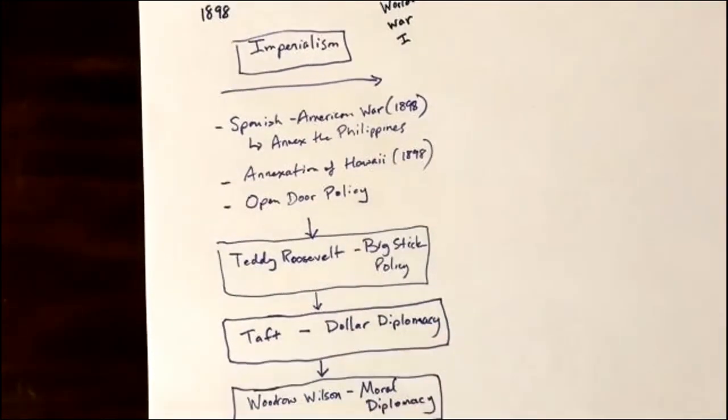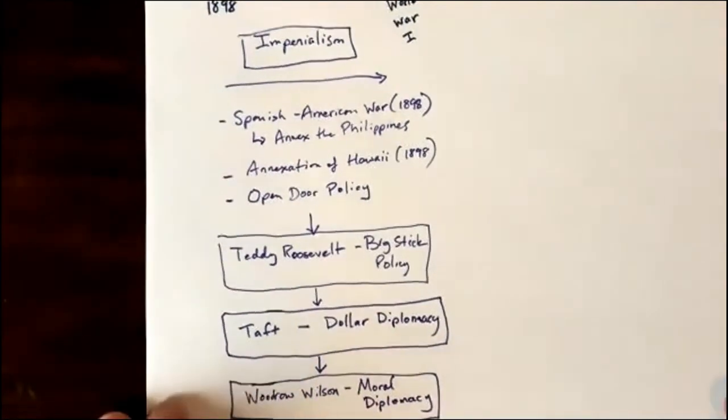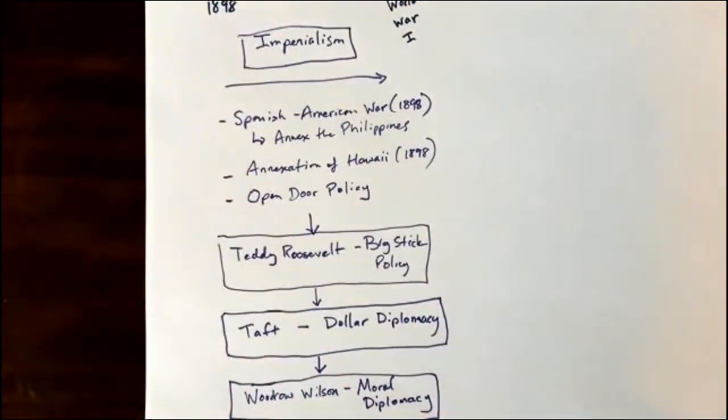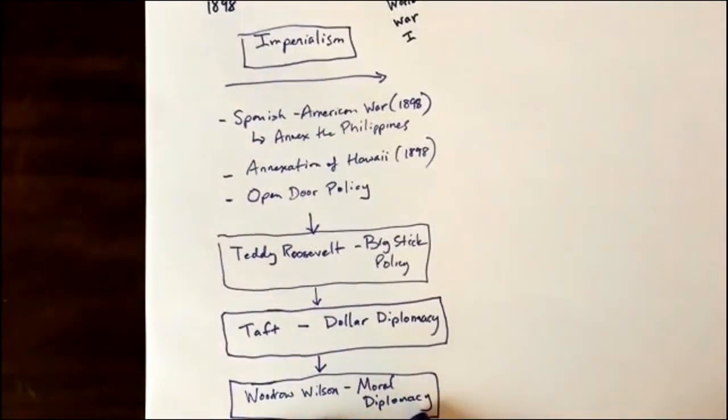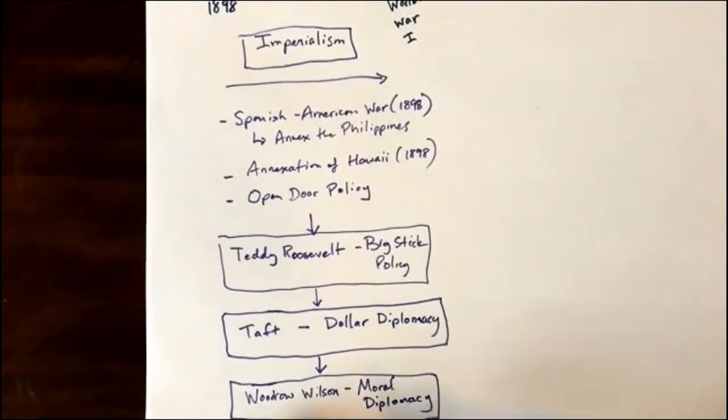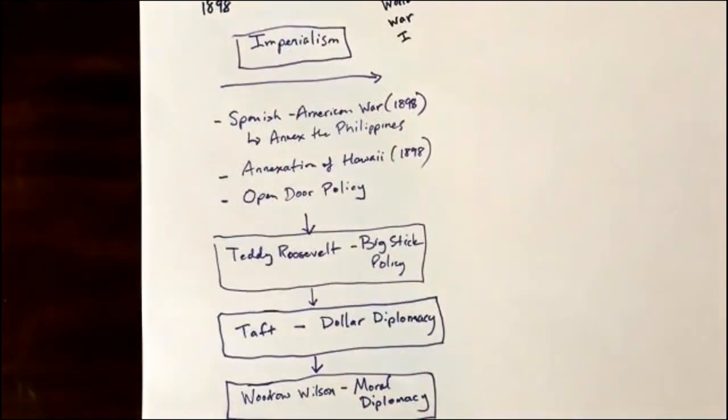Okay, and moral diplomacy is this idea that America should get involved around the world to spread our own values and to obviously try to spread democracy to other places, which makes sense because he's president during World War I. Because one of the reasons he's going to give for America getting involved in that war is that we're going to make the world safe for democracy. We're going to spread our democratic ideas during World War I.